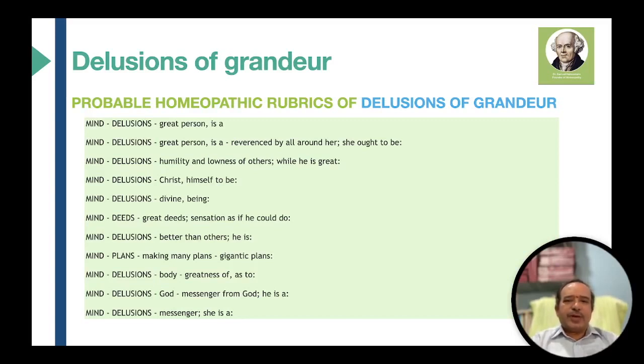The probable homeopathic rubrics of delusions of grandeur are: delusions, is a great person. Delusions, she ought to be reverenced by all around her. Delusions, while he is great, humility and lowness of others. Delusions, himself to be Christ.